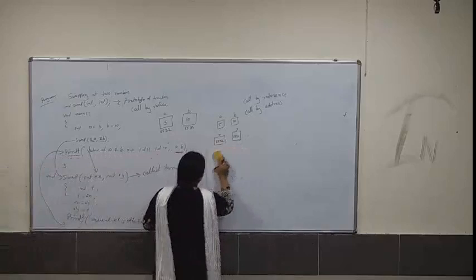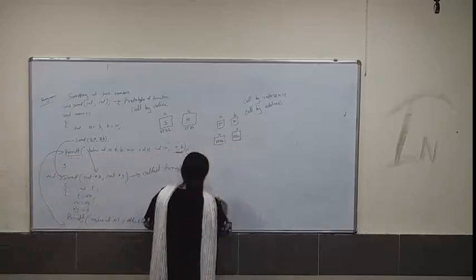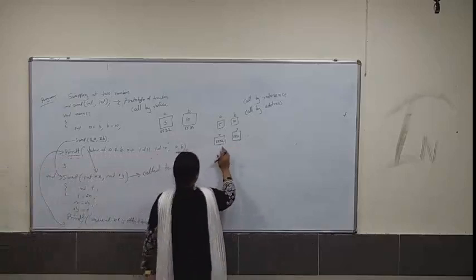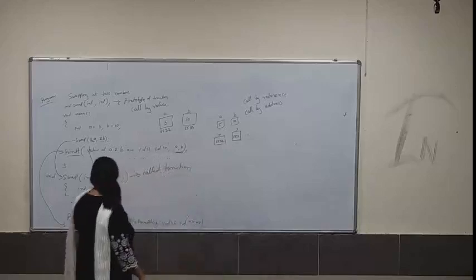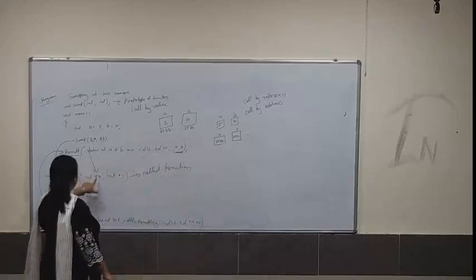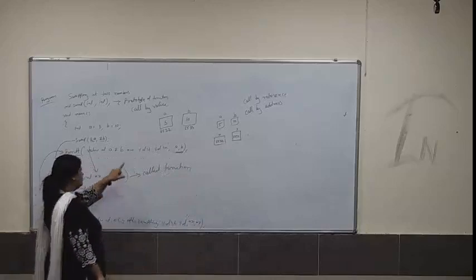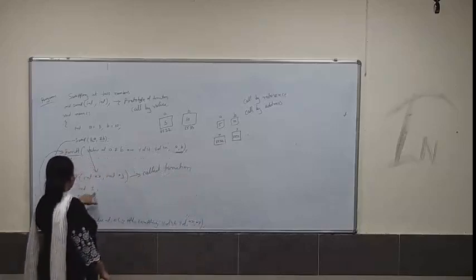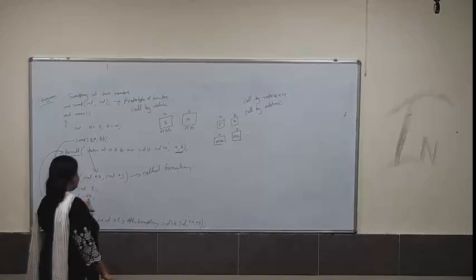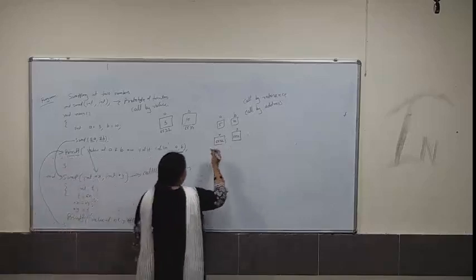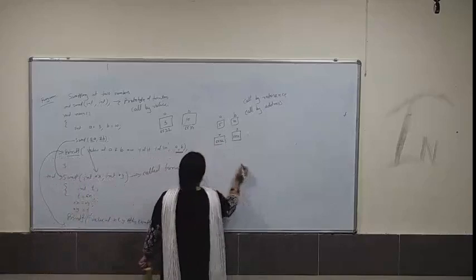Now after the swapping, what we are doing here: X is storing the address of A and Y is storing the address of B. Now here T equal to star X means now the swapping will be performed.